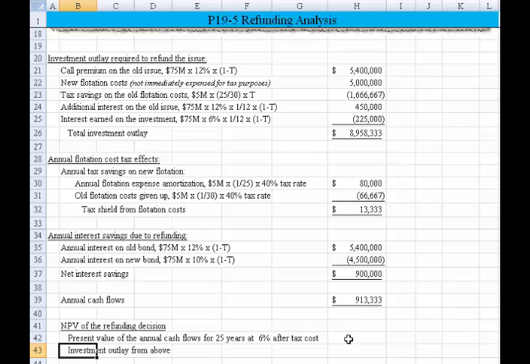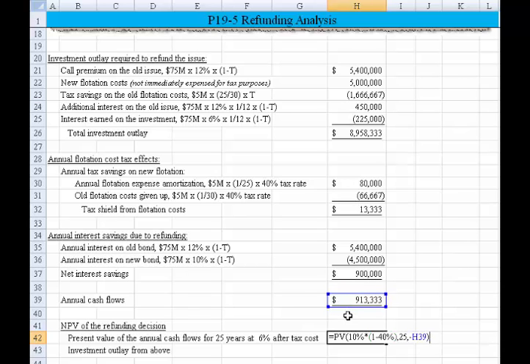My reasoning here is to take the 10%, the new interest rate in effect, minus the tax rate, and we come up with 6%. I'll show the formula. We take the 10% times 1 minus the tax rate to give us an after-tax NPV rate to consider. Take it for 25 years, and then consider the $913,000 of annual cash flows.